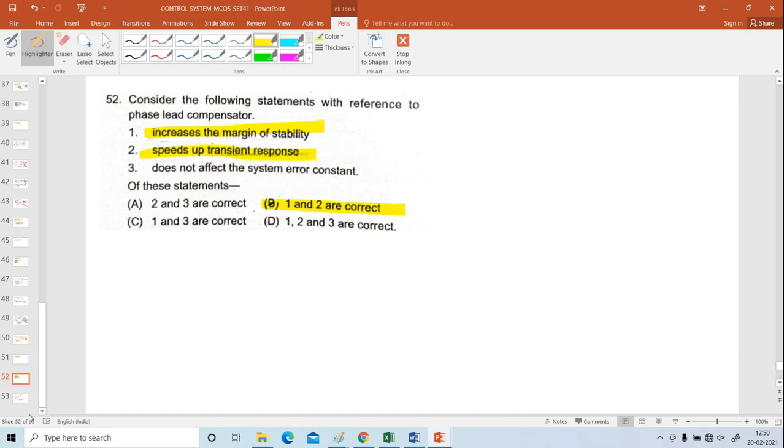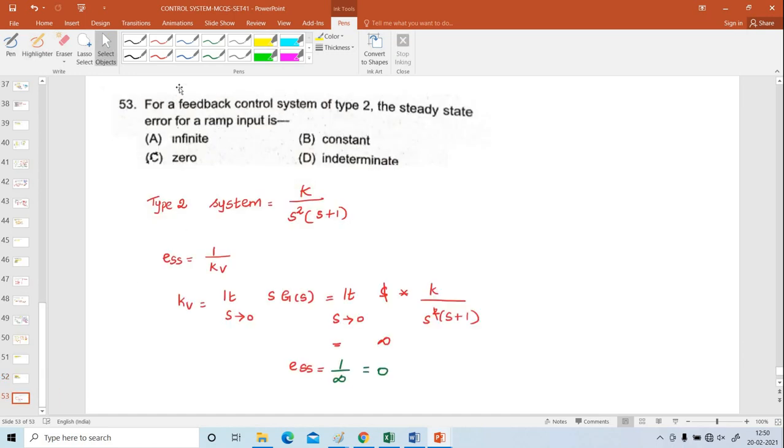1 and 2 are correct. Next, for a feedback control system of type 2, the steady state error for ramp input. First of all, we have to write a type 2 system, for example k by s square into (s plus 1). ESS is equal to 1 by Kv. What is Kv?